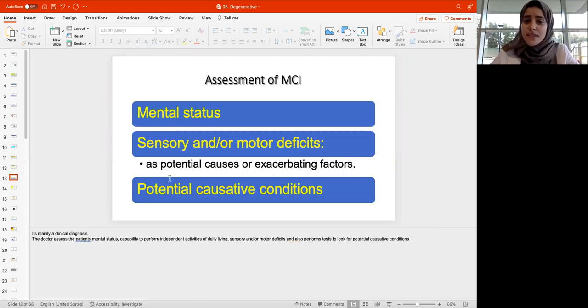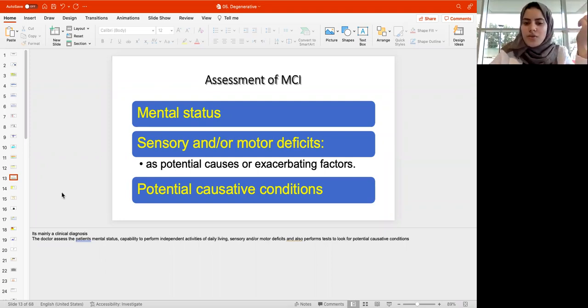This is how they assess. So in most cases, when they come to you with confusion or anything, you want to make sure to assess their mental status. So that's how they start with MCI. They first check their mental status. They check for any sensory or motor deficits. They're trying to see what other causes could be causing this. There could be any other underlying cause causing the MCI, or any exacerbating factors.